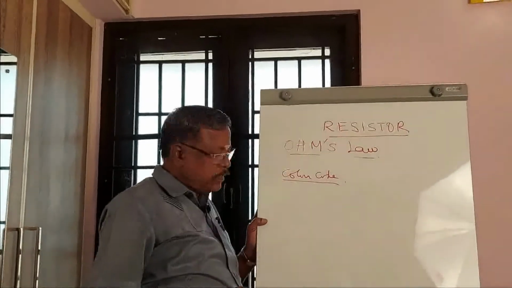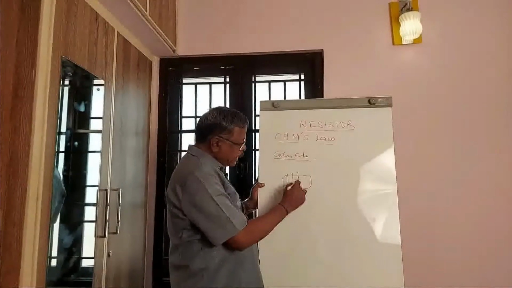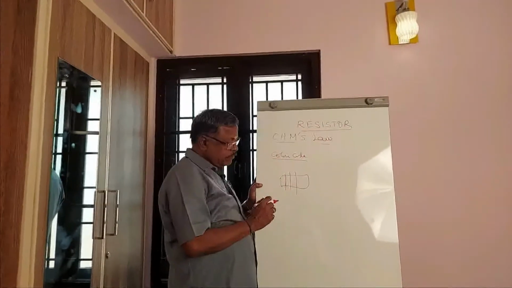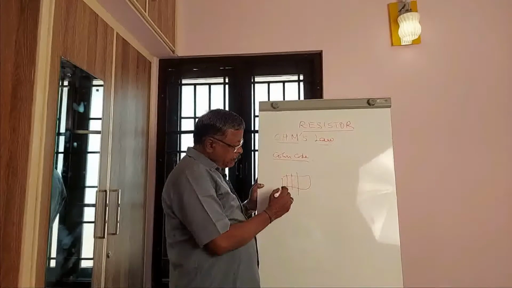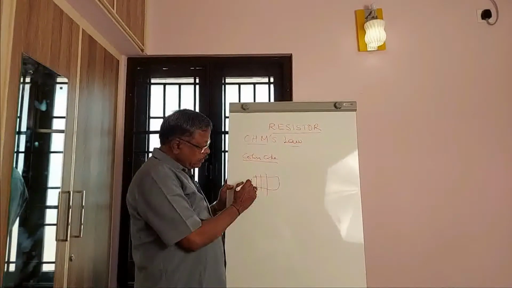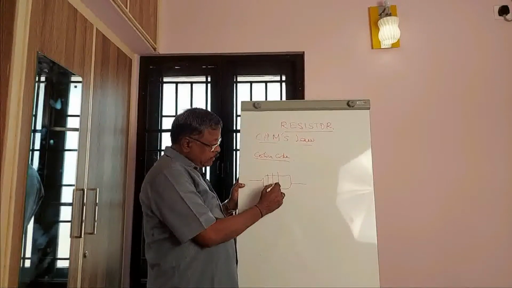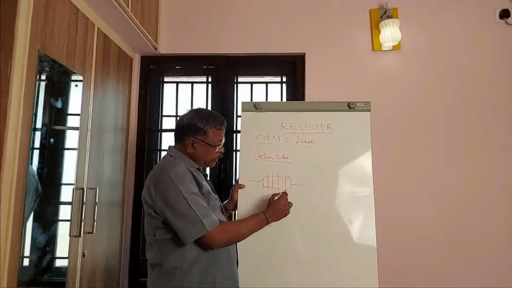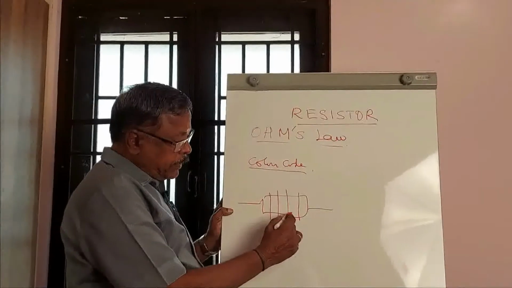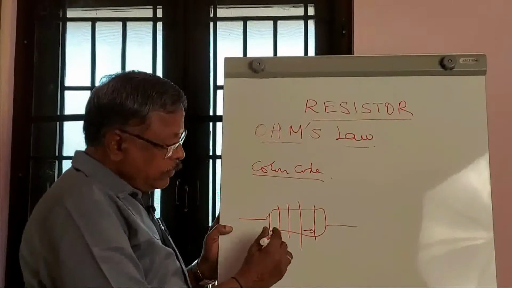In a resistor, there are going to be 3 bands of different colors. If you look at the resistor from left to right, with the leads at the ends, there are 3 colors, and then another color separated by a larger distance. So you have to keep the resistor in this way to find out the value.